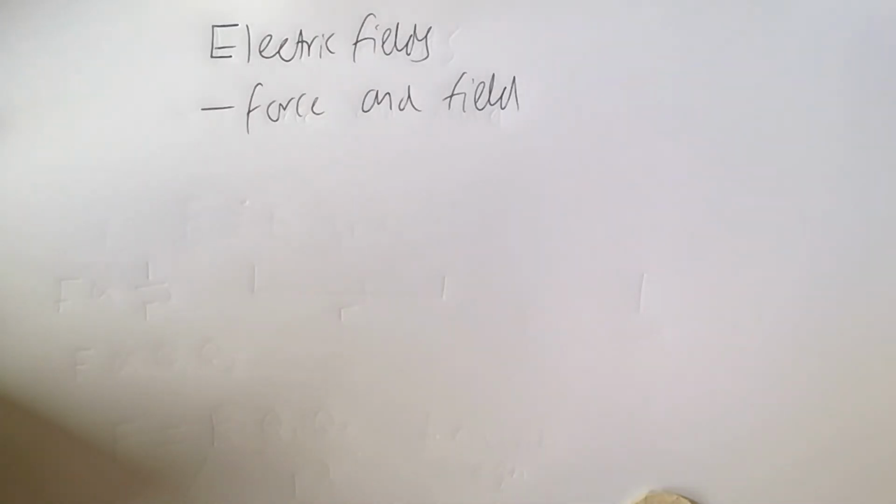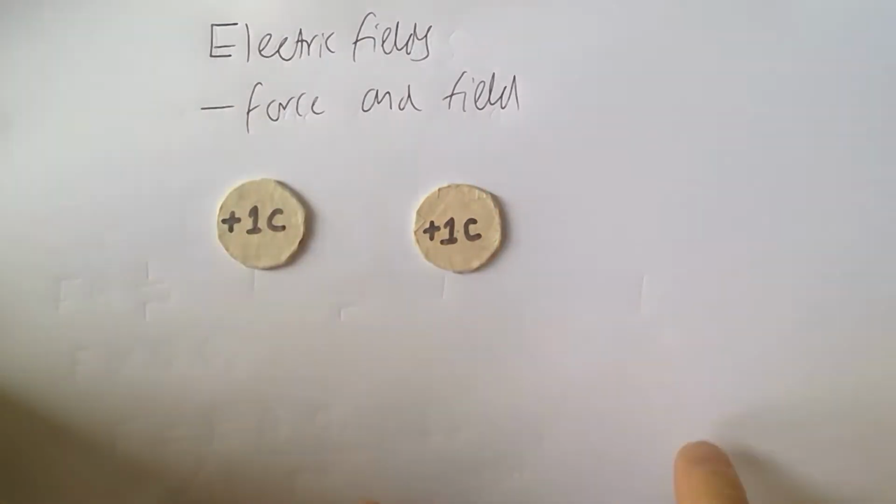Hello. In this video, I'll be talking about electric fields, specifically the electric field itself and forces within electric fields. If you have two charged objects, in this case both positive, they will feel a force between them.